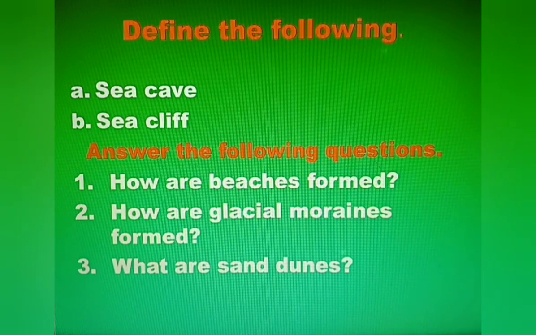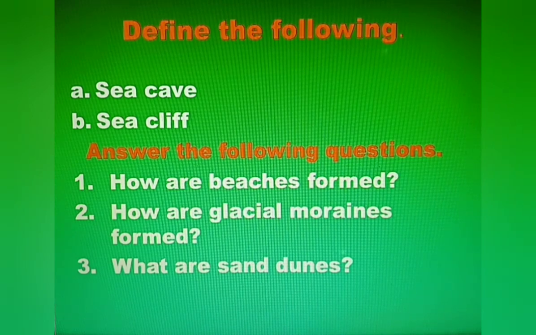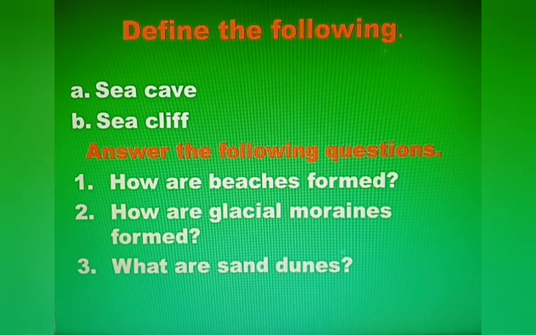Answer the following questions. First question: how are beaches formed? Second question: how are glacial moraines formed? Third question: what are sand dunes? You can find out the answer from the slides also. Okay, find out the answer and write it down.